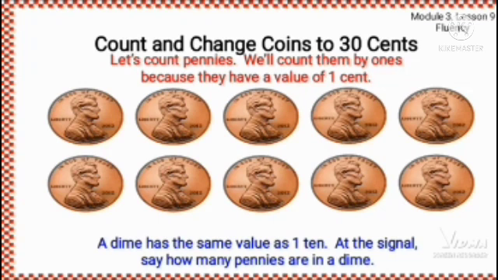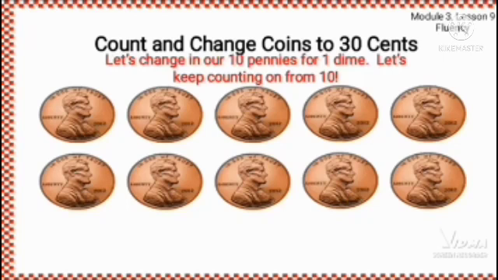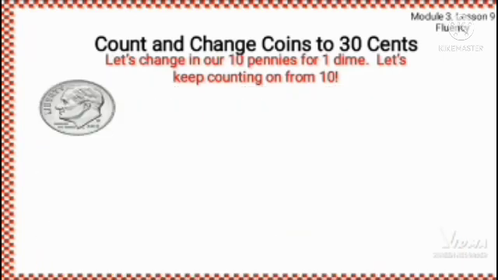So, since you know that 10 pennies gives you 1 dime, we'll now bundle the pennies and make it 1 dime. So we have 1 dime. Remember how we got 1 dime? We have to count 10 pennies.